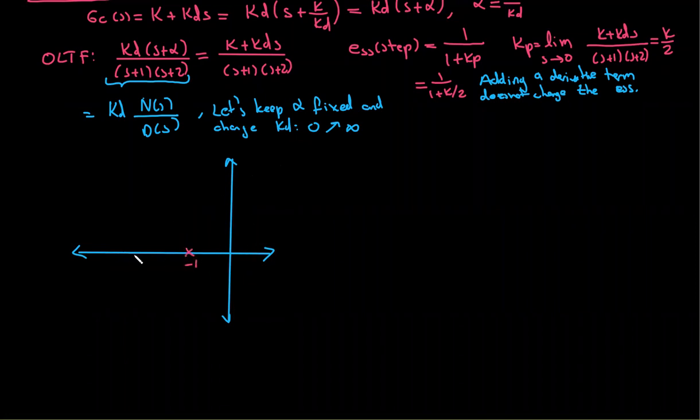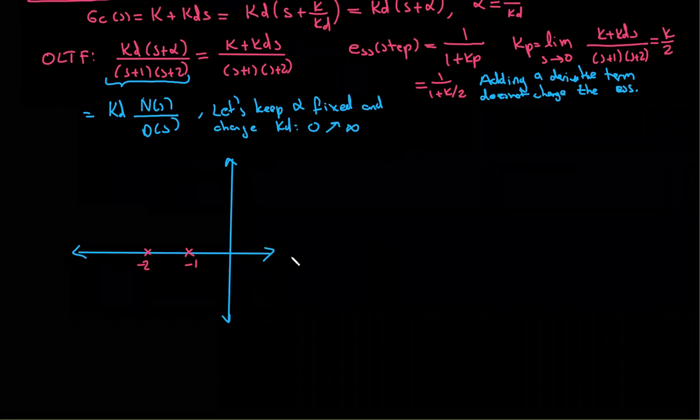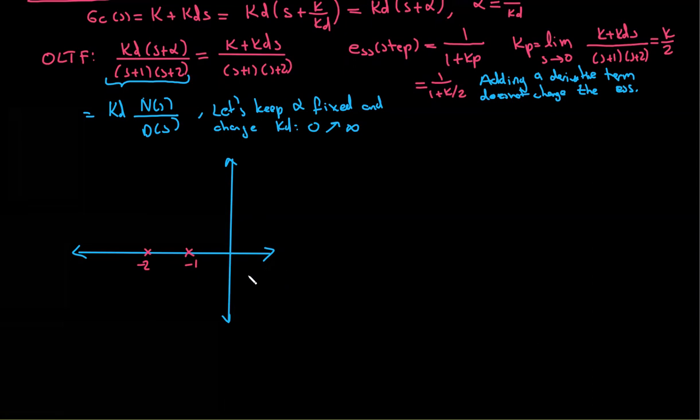So this is -1. This is, let's say, -2. And I can put alpha wherever I want, all right? So I would like to place alpha as 0 in my root locus. So assume that this is a design parameter. Where would you like to put alpha, your 0?